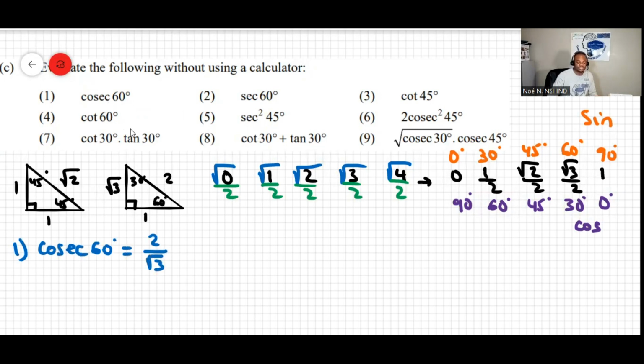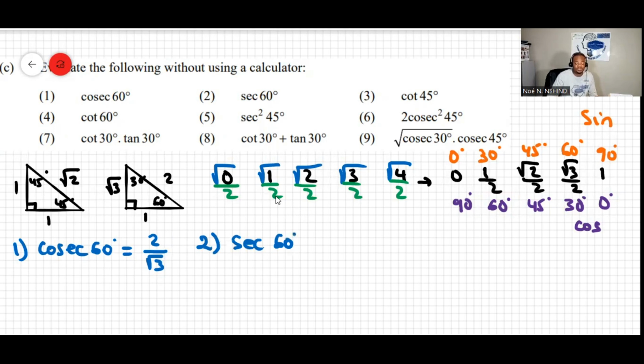Or if I want to use the triangles, 60 degrees there, sine is opposite over hypotenuse. So it's going to be hypotenuse over opposite, 2/√3.